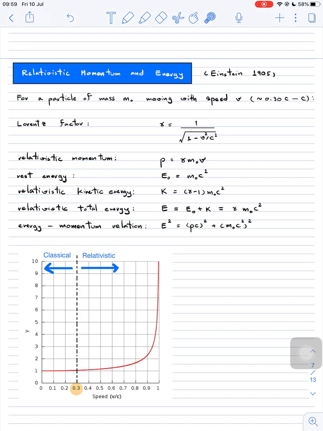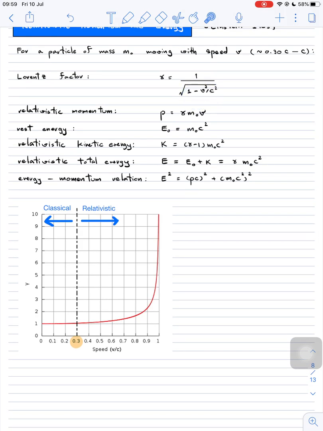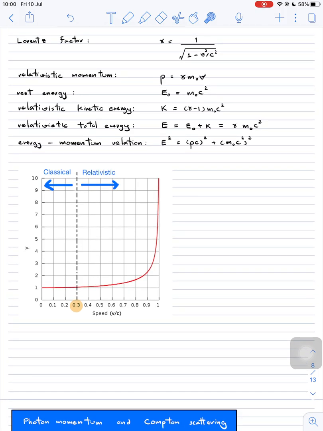So let's define the Lorentz factor first. We use the symbol gamma, which is equal to 1 over the square root of 1 minus v squared over c squared. If we draw the plot between gamma as the vertical axis and v over c as the horizontal axis, the graph will look like this.